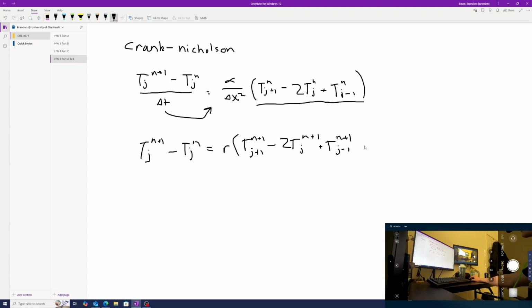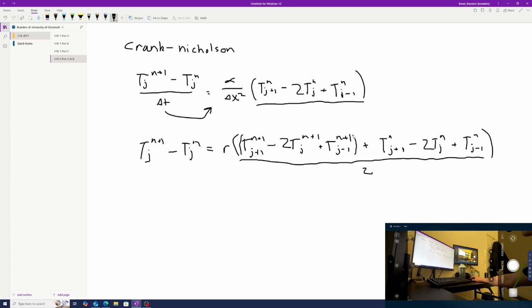To that we will add our Tj plus 1 of our current time, n, minus 2Tjn, then plus Tj minus 1 n. And then lastly, we will take the average, add them together, and then divide by 2. So we'll start like this.